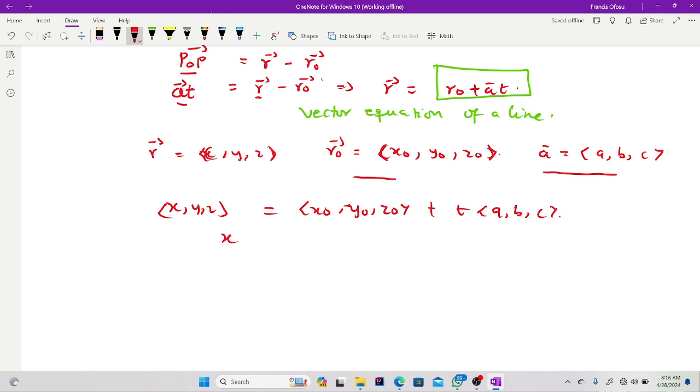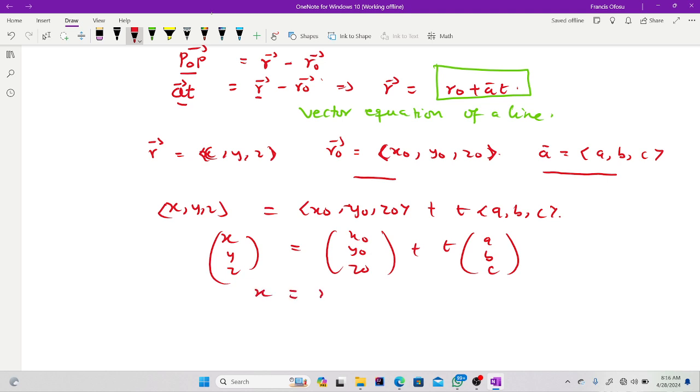So now my equations will be X is equal to X naught plus AT, Y is equal to Y naught plus BT, then Z is equal to Z naught plus CT.